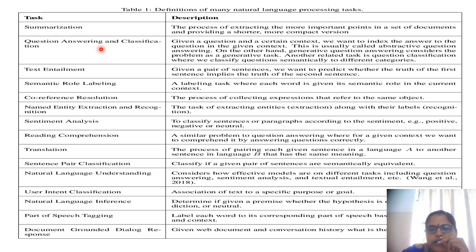Each task is a wide area which could help you proceed further. Reading comprehension, translation, sentence pair classification, natural language understanding, user intent classification, natural language inference, part of speech tagging, and document grounded dialogue response. The formal definition and description is given on the right hand side. It's for you to refer.